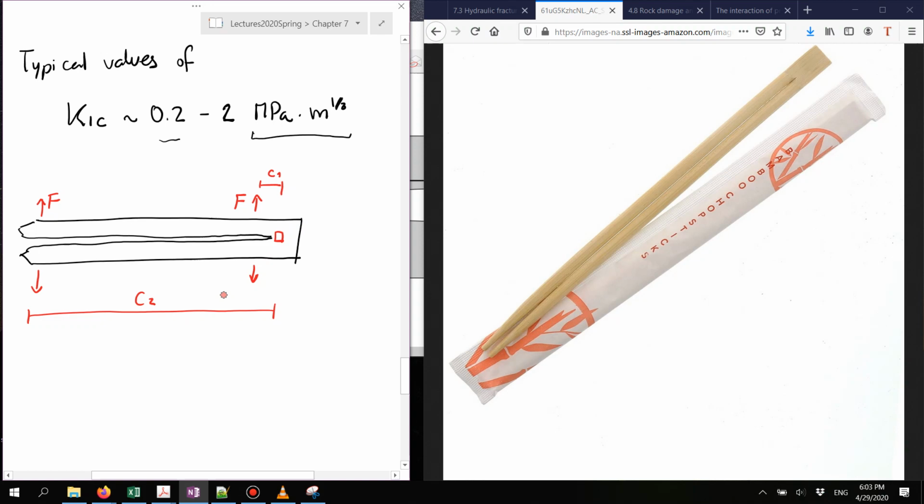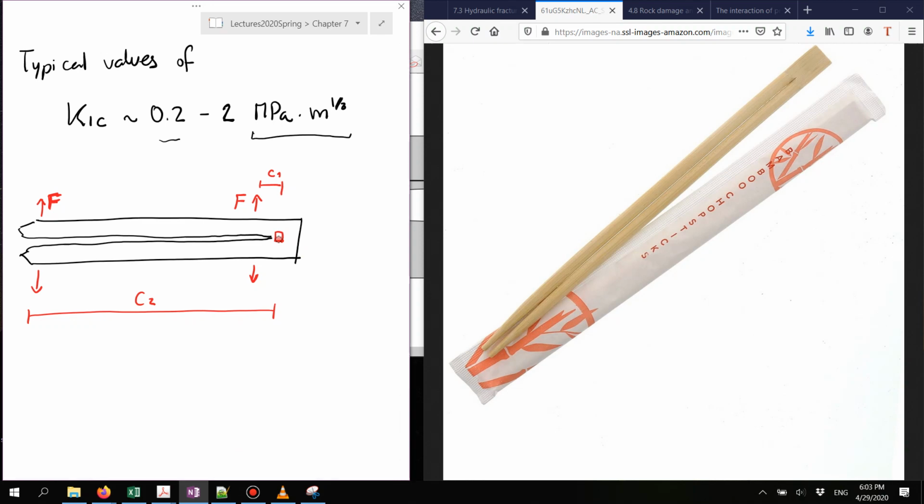For the same pressure in a fracture, which will be the equivalent here of our force F, the stress intensity factor and the likelihood of that fracture to propagate is going to depend on its length. The longer the fracture, the easier it's going to be for the fracture to propagate. Short fractures are usually harder to propagate because this stress intensity factor is still quite small.